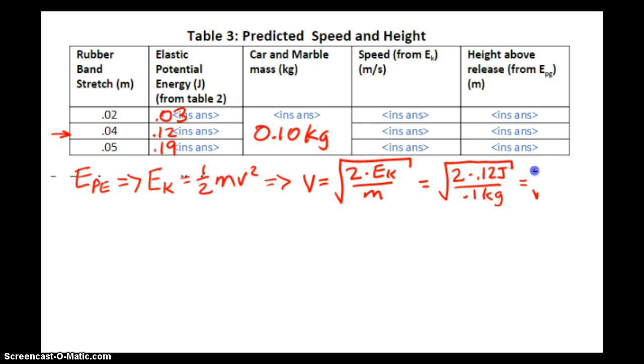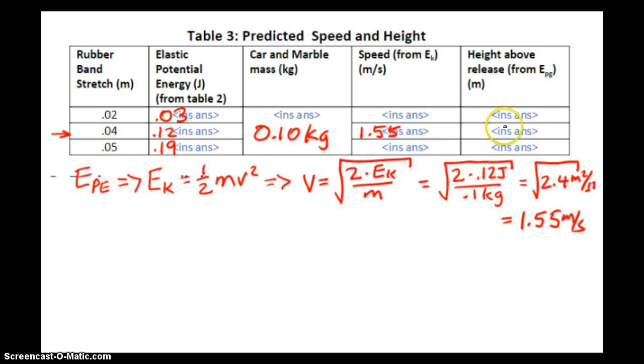I can see this works out to be the square root of 2.4. It'll be meters squared per second squared. When I take the square root of that, I get 1.55 meters per second. That's how fast I would expect it to go. I can do those for the other values.